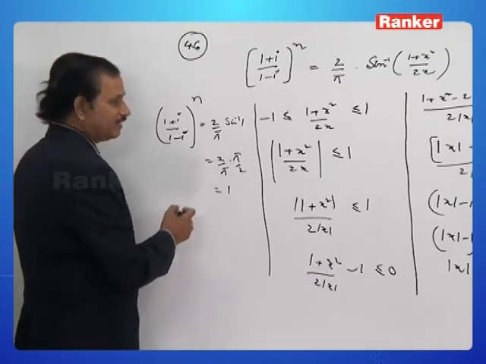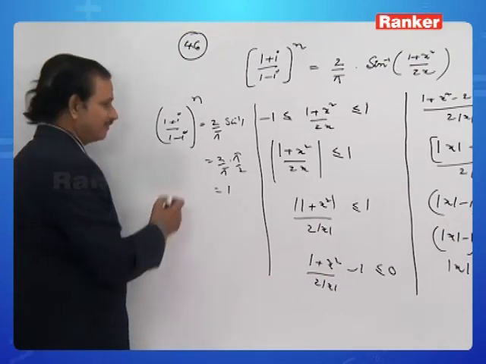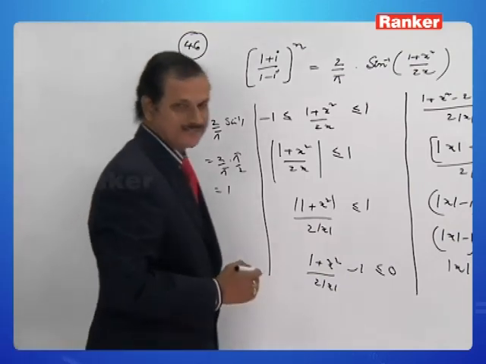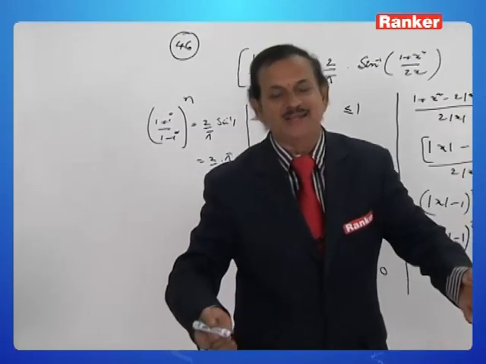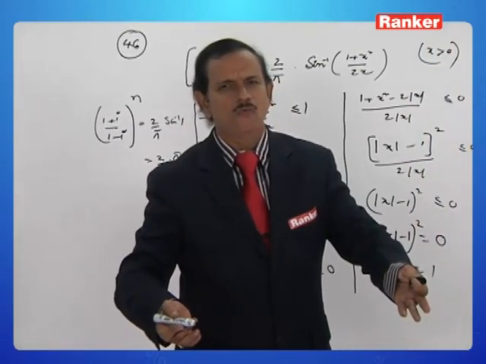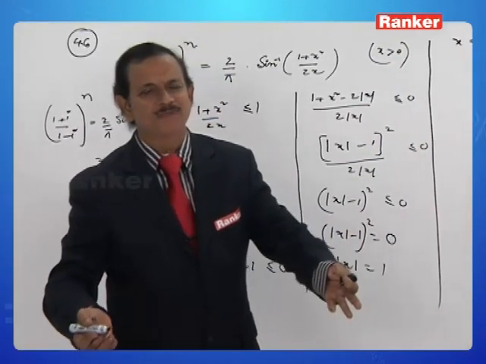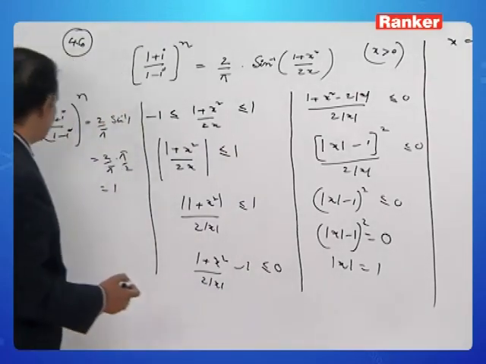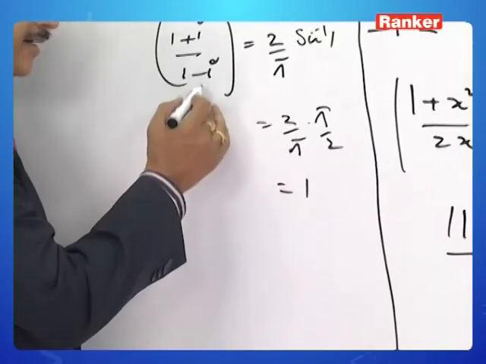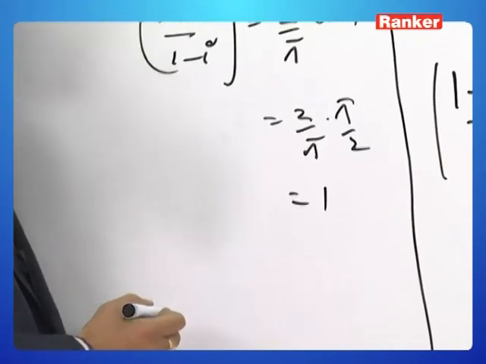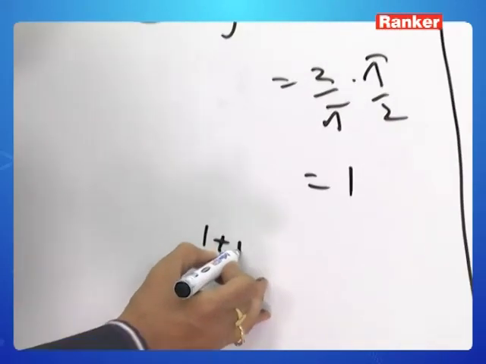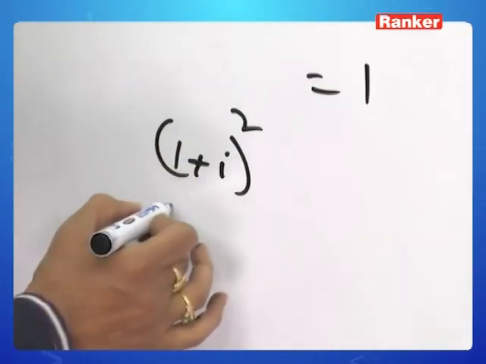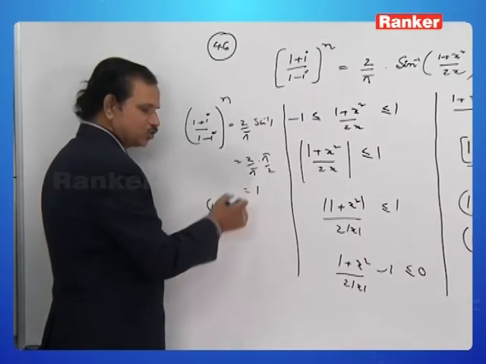Here, it is an important thing to observe that 1 plus i by 1 minus i is nothing but i. How can you believe that it is i? It's very simple. You multiply both numerator and denominator with 1 plus i. What happens? (1 plus i) whole square by (1 minus i) into (1 plus i).